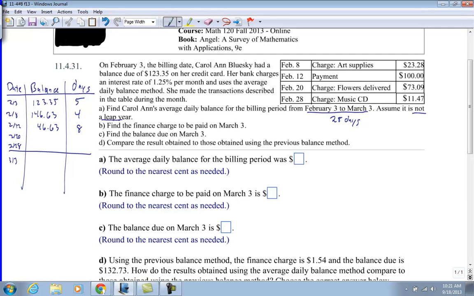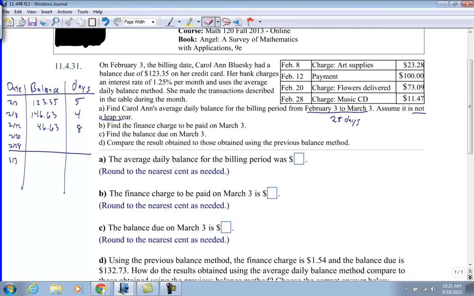That's 8 days. Then on the 20th, a charge for a music CD, and people are saying, what's a CD? Because everyone downloads music now. That's kind of the joke. Oops, I got something. I missed a payment. Oh, sorry, charge for flowers first. Let's go back. We had 46.63 plus 73.09.